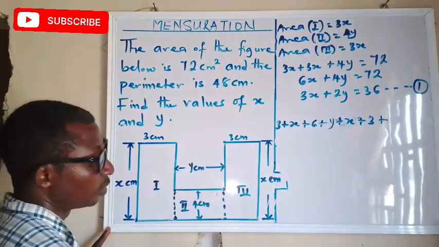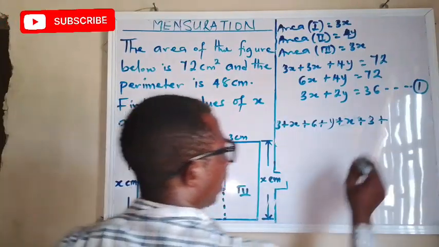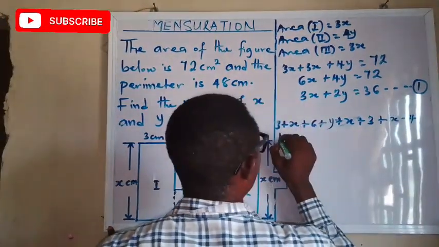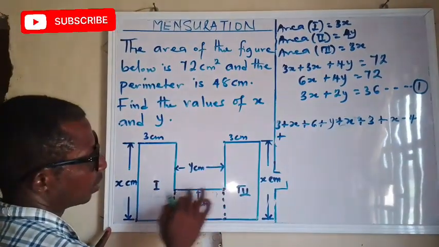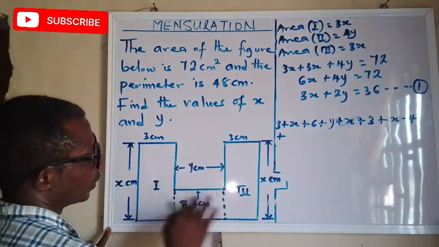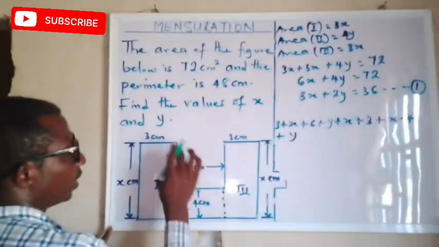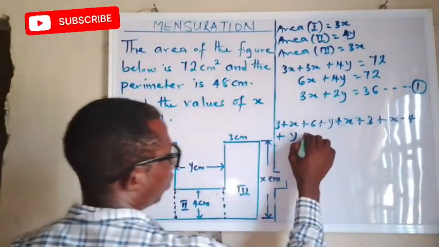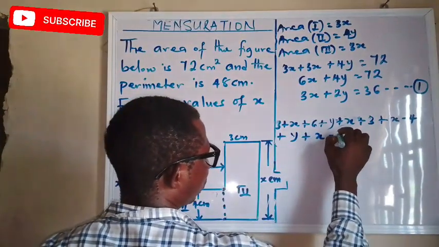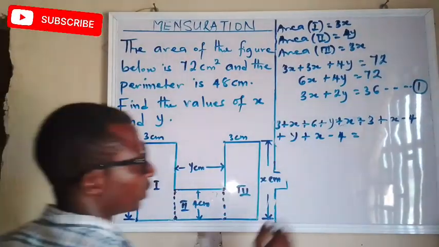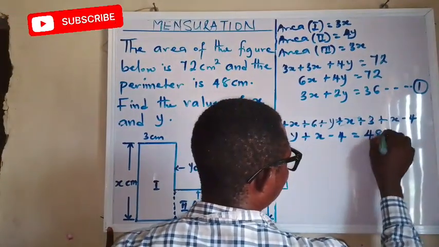So that's going to be x minus 4. That's plus x minus 4 plus this place, that's y plus y. And from here to here, it's also the same thing as this. So that's going to be plus x minus 4. Everything gives 48 centimeters.